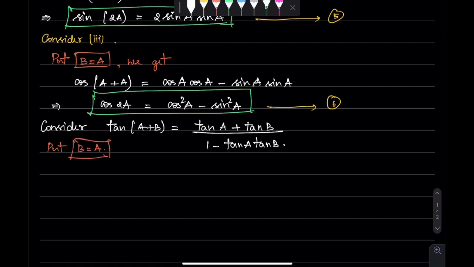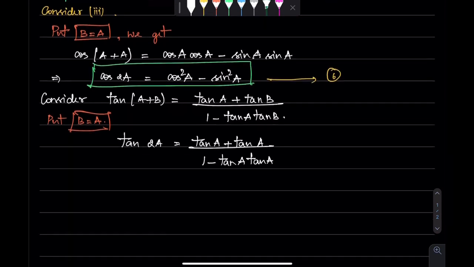You get tan 2a becomes tan a plus tan a divided by 1 minus tan a tan a. So we get tan 2a as 2 tan a divided by 1 minus tan square a, children.